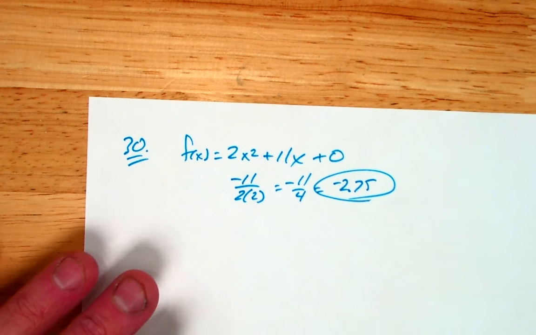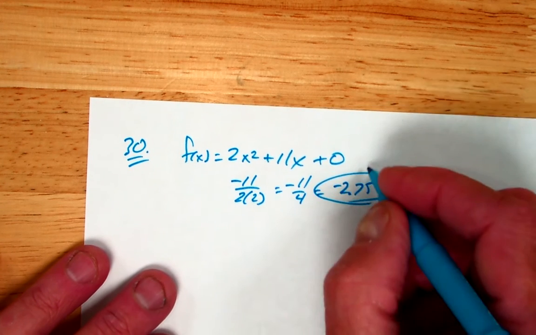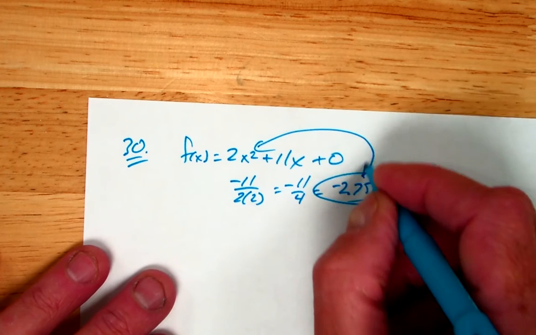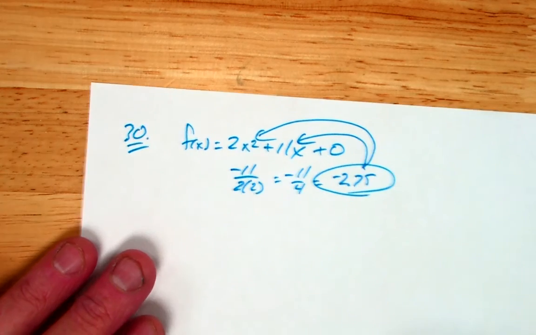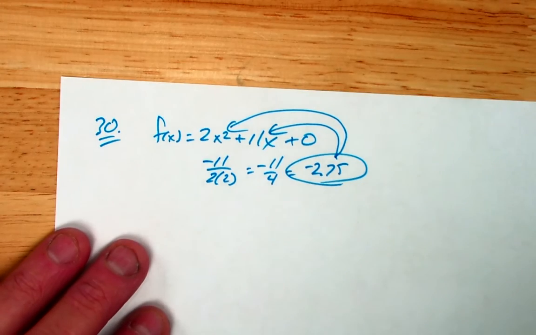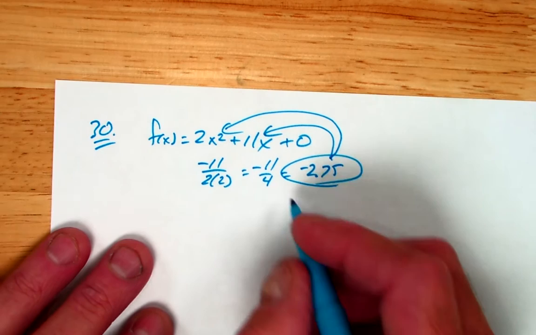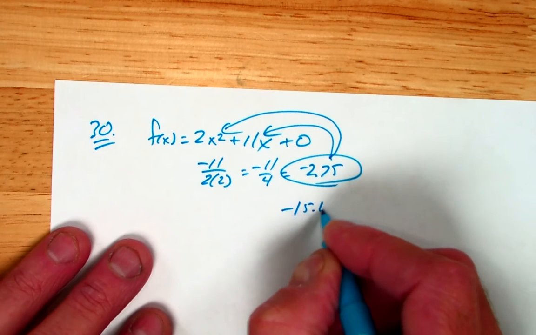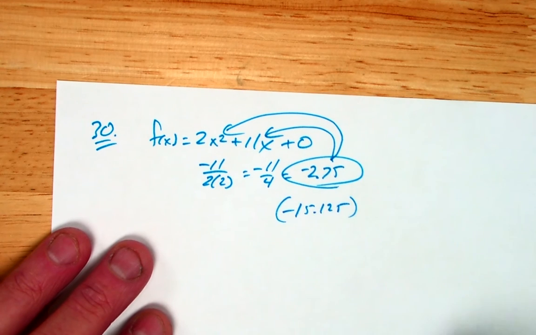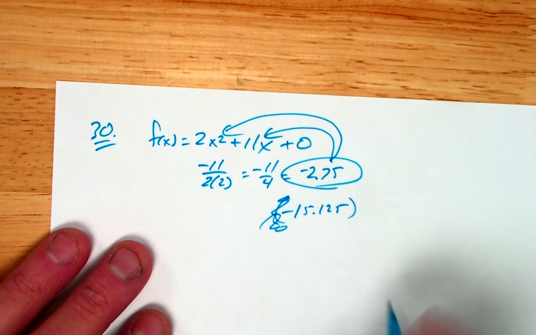Negative 2.75. And then if we take that and plug it back in, we get that answer, which I'm not going to take the time to work out, negative 15.125. Why did I put that in parentheses?